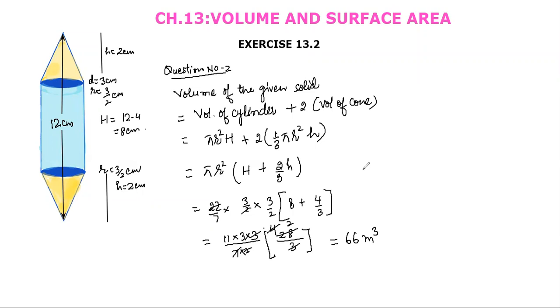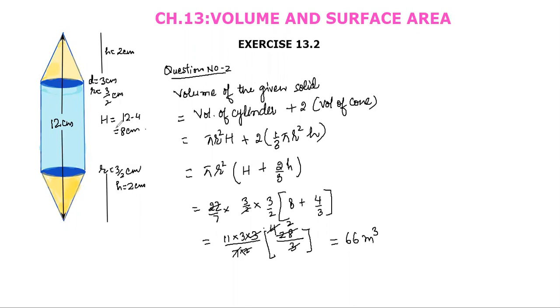In question number 2, it is given that there is a child called Rachel, an engineering student. He designed a model, and the shape of this model is made up of two conical vessels or solids attached to a cylinder, and he wants us to find out the volume of this solid made up of two combined figures, that is cylinder and cone.